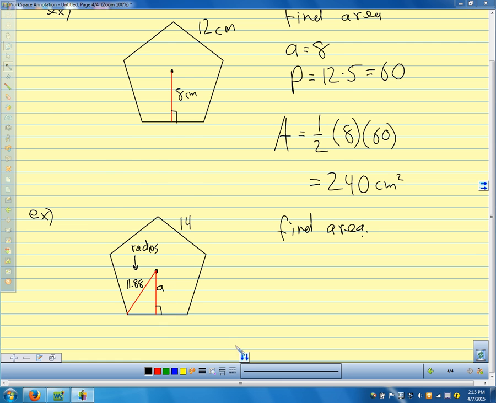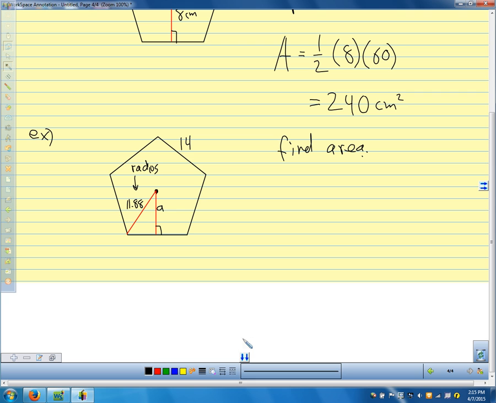Well, now that we've drawn that in, can we figure anything else out? How long is that? Half of 14, that's 7. Well, now I have a 90-degree right triangle, and I know 2 of the sides. What can I use? Pythagorean theorem always works for a right triangle when we know 2 of the sides.